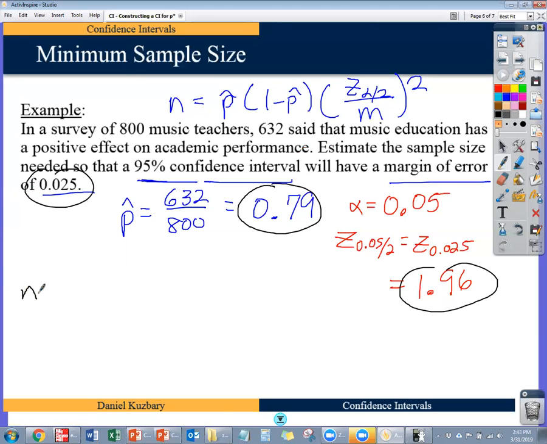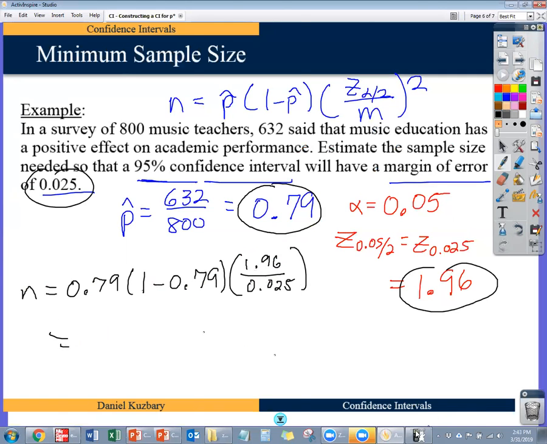And then we just have to do the formula. So n is equal to 0.79 times 1 minus 0.79 times z sub alpha over 2, which is 1.96, all over m, which is 0.025, and those two numbers are squared.